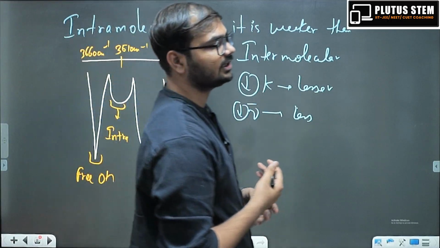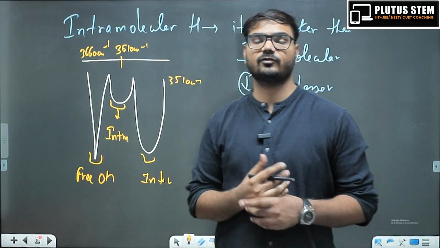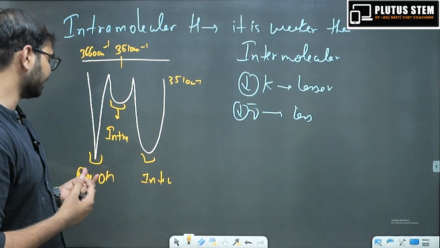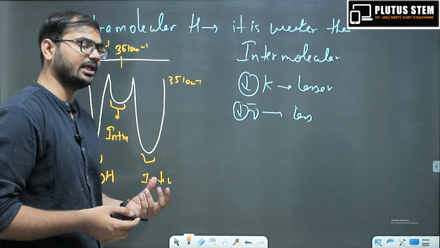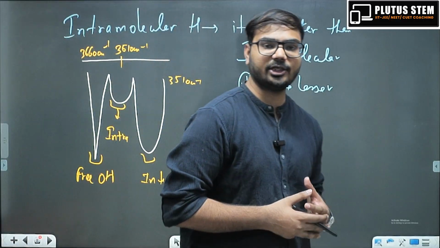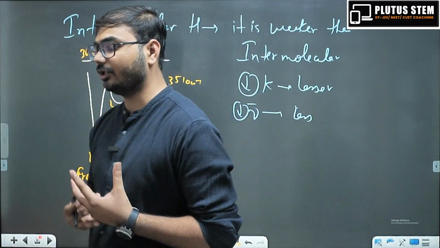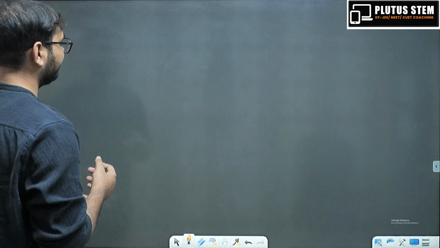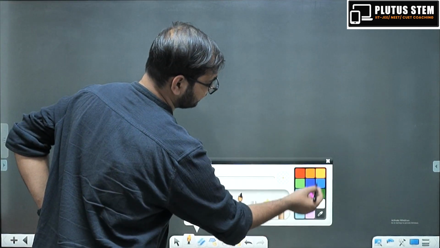So just by looking at the graph and based on the positions of the peaks, you can predict whether the molecule is present as a free hydroxyl group, or whether it is taking part in inter or intramolecular hydrogen bonding.